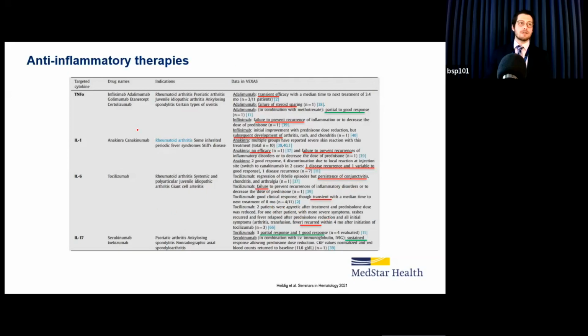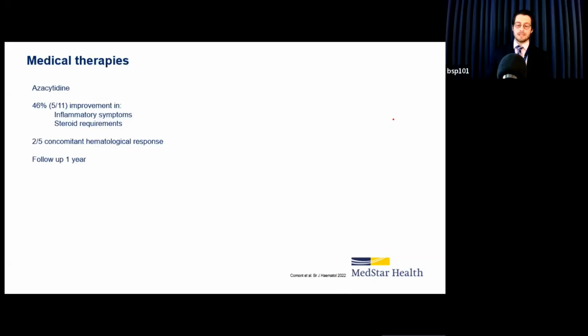So again, the patients go through all the treatments available for rheumatologic conditions, but in general, it doesn't seem like this is the answer.